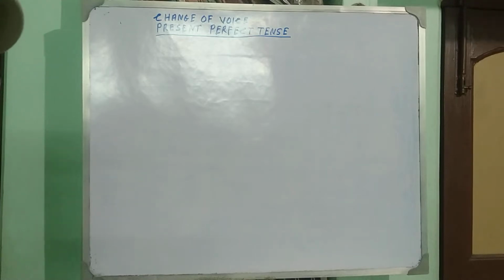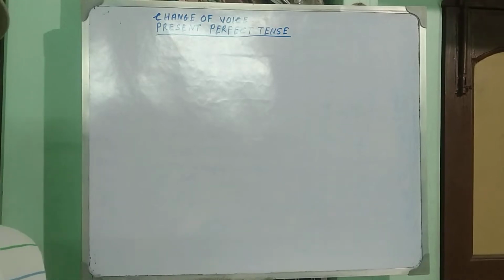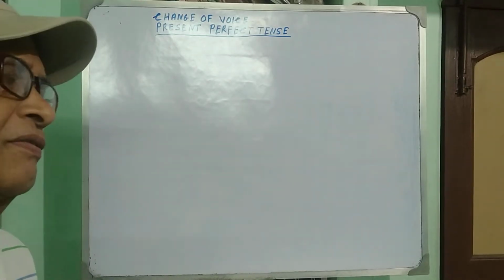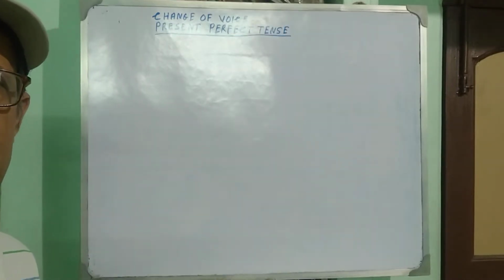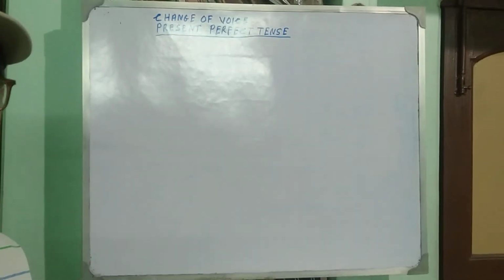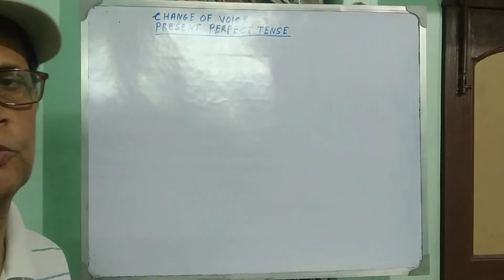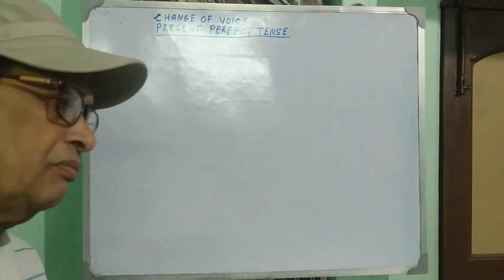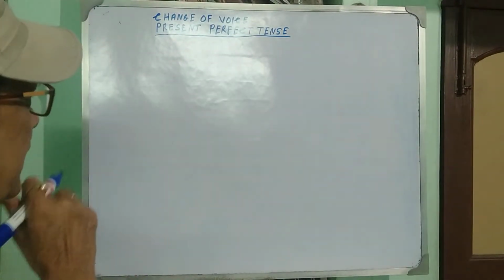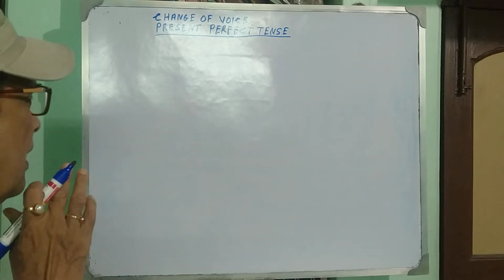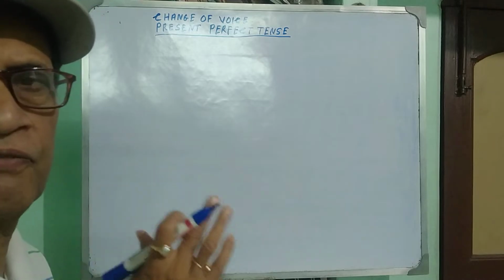I have already given you two lessons, one on present indefinite tense and the other on present continuous tense, for changing from active to passive voice. Now, my today's arrangement is change of voice, present perfect tense.